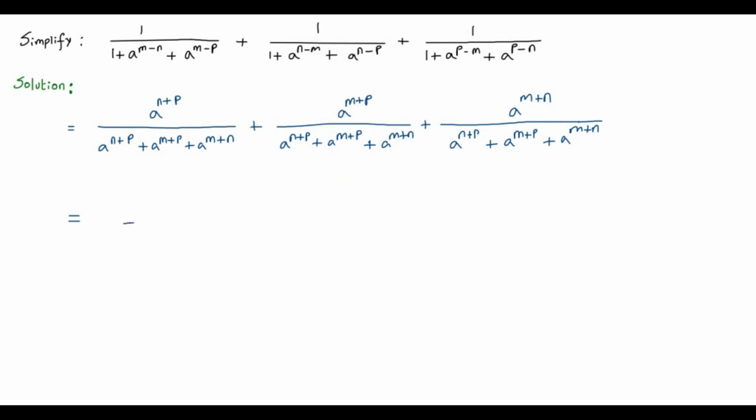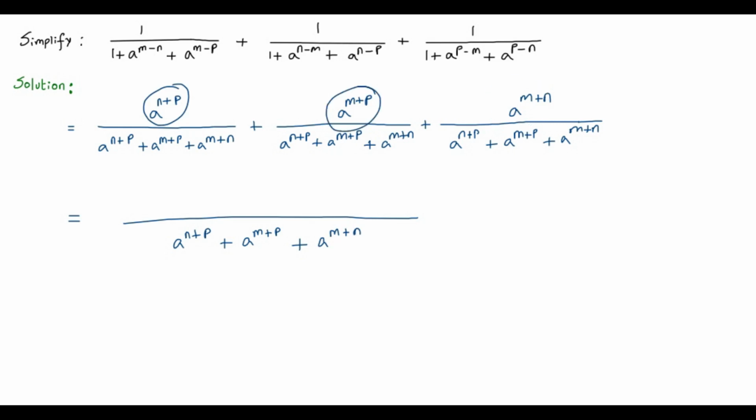So now what I can do is I can take the denominator once, that is a to the power of n plus p plus a to the power of m plus p plus a to the power of m plus n. So I have taken the denominator once, that is in common. Now I have to add the three numerators. So this is a regular process in addition of fractions with same denominator.